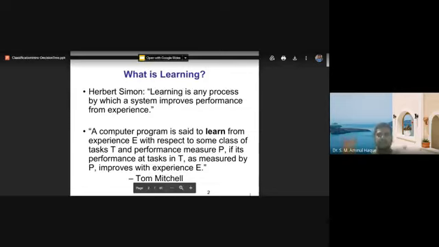In basic programming, we give some input and we get some output, and that's all. Machine learning is a continuous process. We give some input, we get output, and we evaluate the output. Based on the evaluation, we revise our input so that we can improve our performance. Does it make sense?